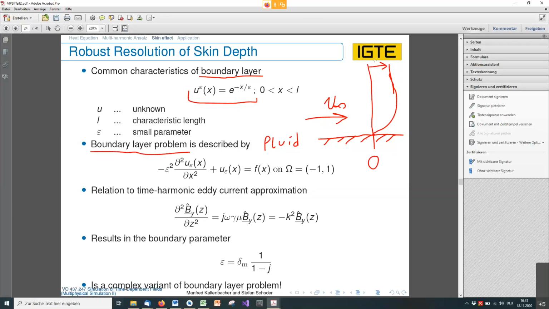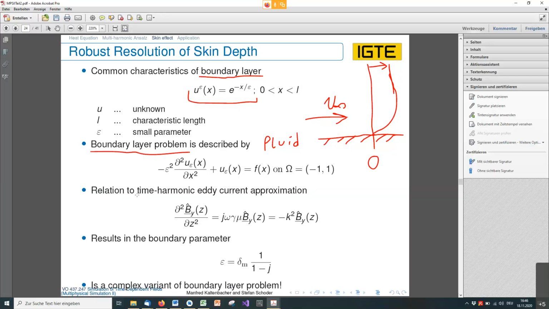And this is a typical shape of a boundary layer from a flow problem, and it can be described by this simple equation. Actually, it's a little bit more complicated than this simple equation, but this equation can represent the boundary layer.